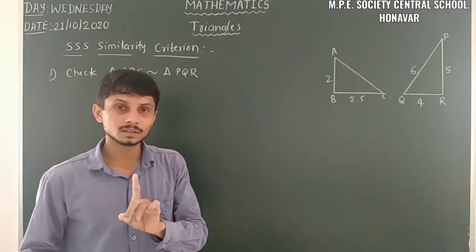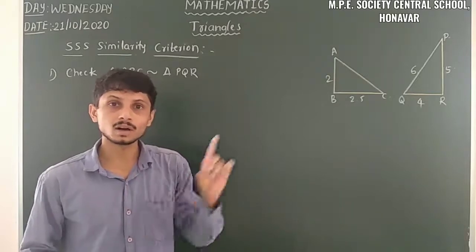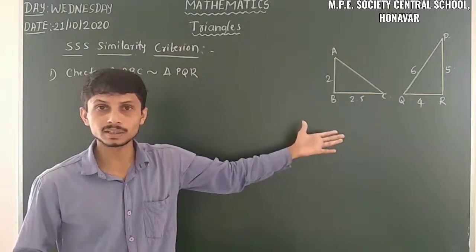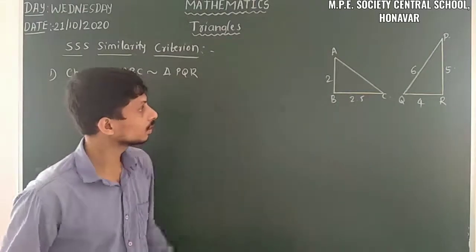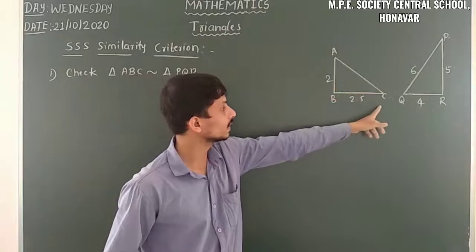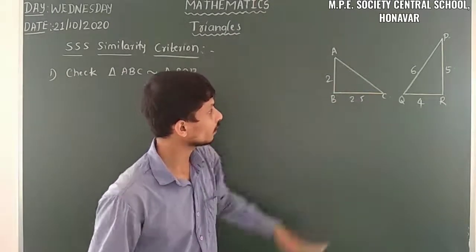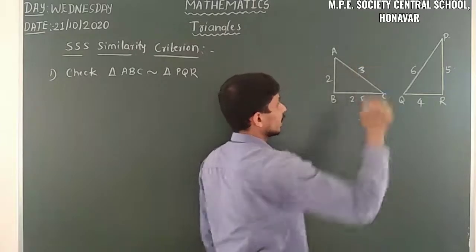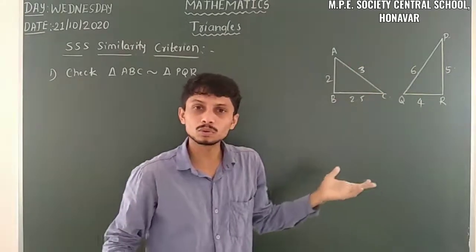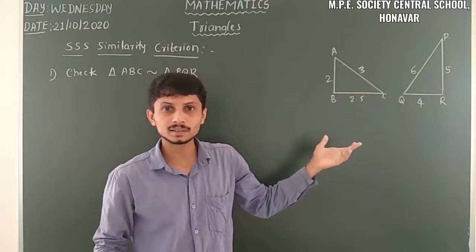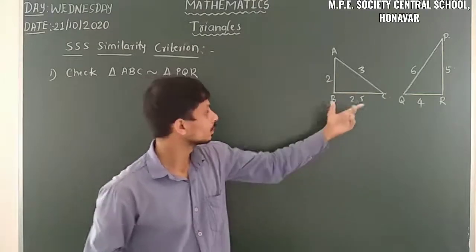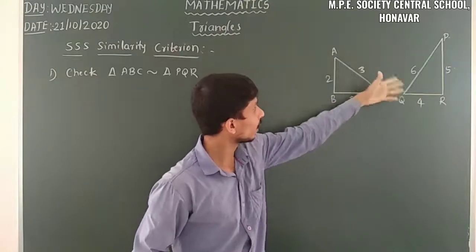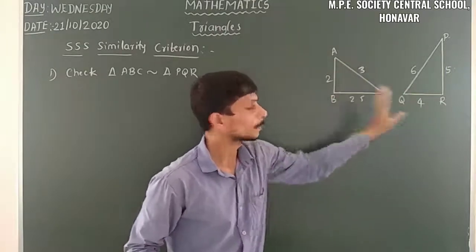But firstly we have to check how the diagrams are formed here. Just observe: here ABC, and here I will take 3. And here it is PQR, and both look like right angle triangles. So here we can take directly BC by QR, AC by PR and AB by PR.